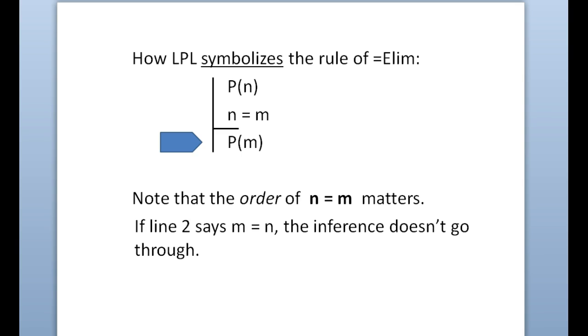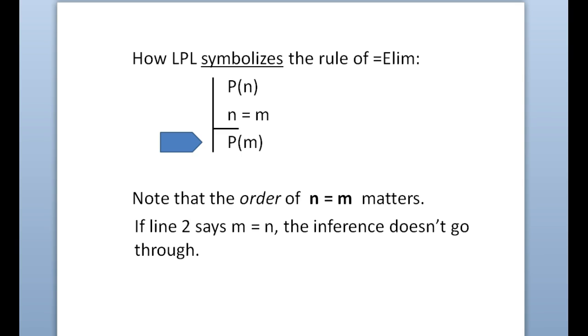Let's look a little closer at what this means. Pn means any sentence at all that contains a name, and they're using n to stand for any name at all. And then n equals m means an identity sentence that uses the same name that was in the first sentence, the sentence P, then it has an equal sign, and then it has another name, which they're symbolizing as m.